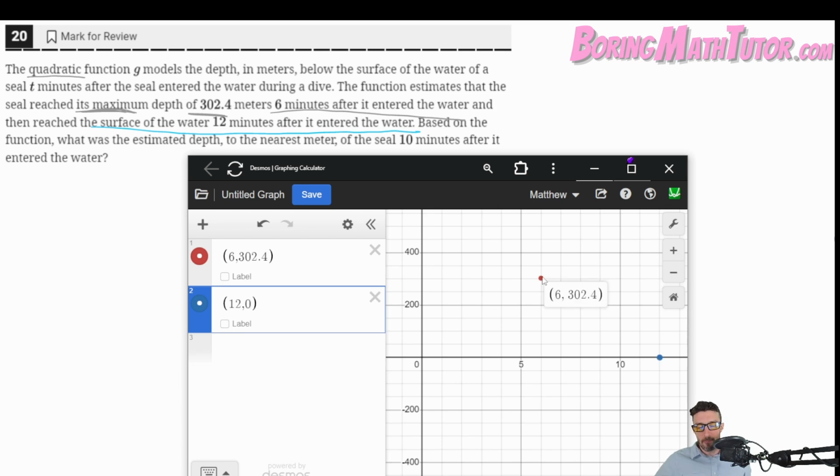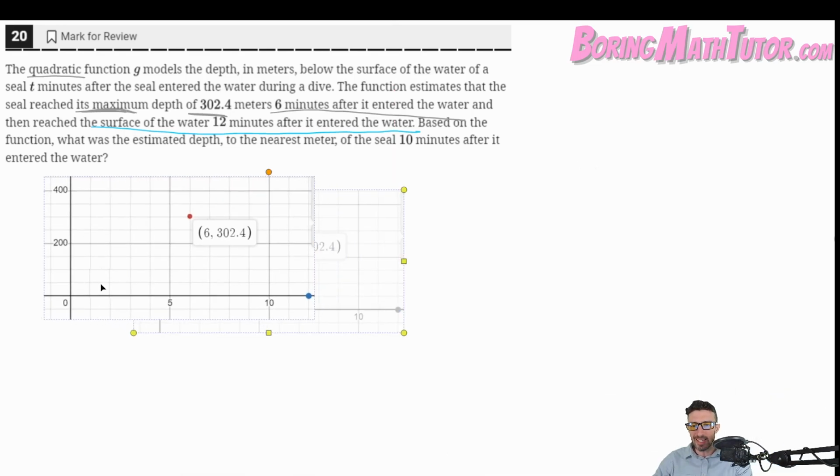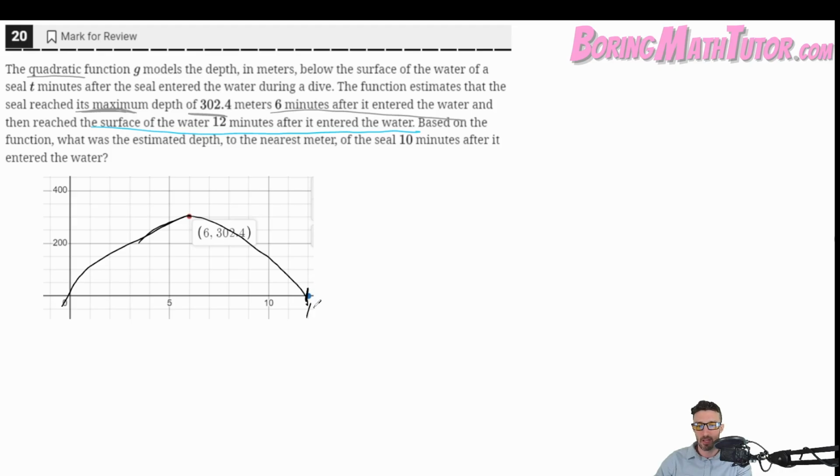But remember, this is the maximum. So when you think about what this is going to look like, it's got to have symmetry going on around the maximum. So that means if it's hitting 6 to the right of the 6 at 12, it's also hitting over here 6 to the left of the 6 at 0.